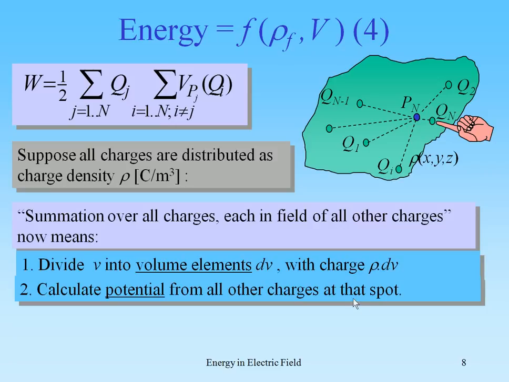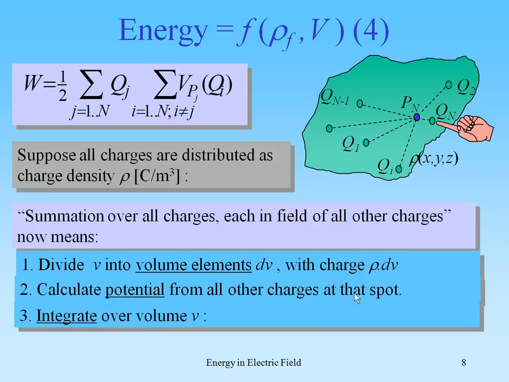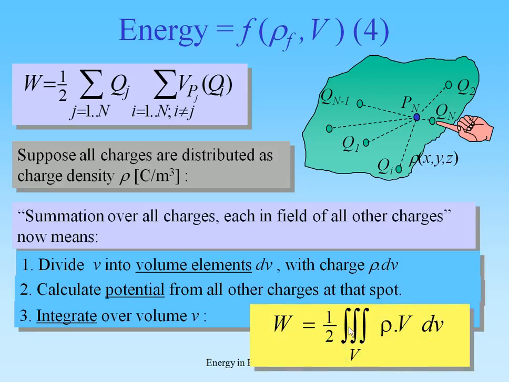Calculate the potential from all other charges at that spot, and integrate over the volume. And that will end up with 1/2 of an integral over rho times V produced by all the charges, because we have dV.